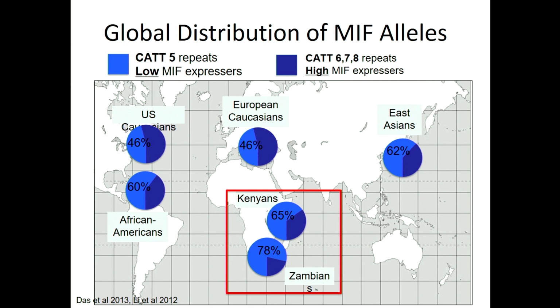So the question we wanted to address was whether this increased frequency of low-producing CATT 5 repeats has any significance in the high burden of tuberculosis in sub-Saharan Africa.